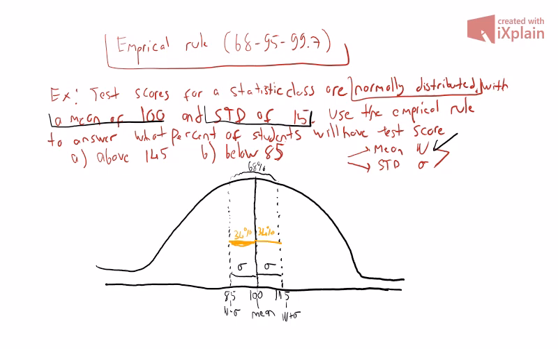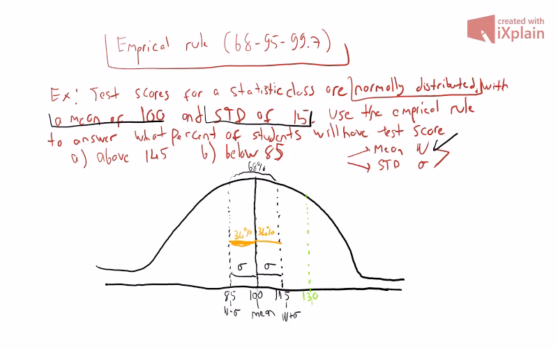Let me change my color again. Let's make it green this time. So what happens if I go 2 standard deviations away from the mean? This is going to be what? 100 plus 2 standard deviations, and standard deviation is 15. So 100 plus 2 times 15, this is 130.